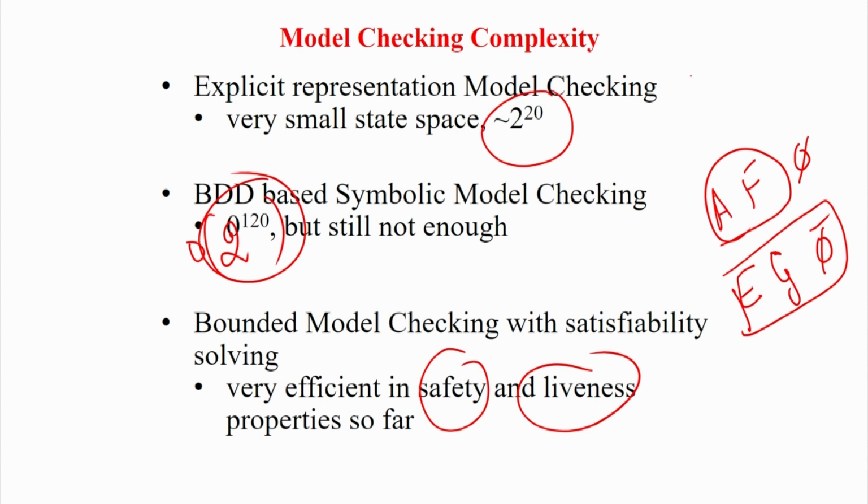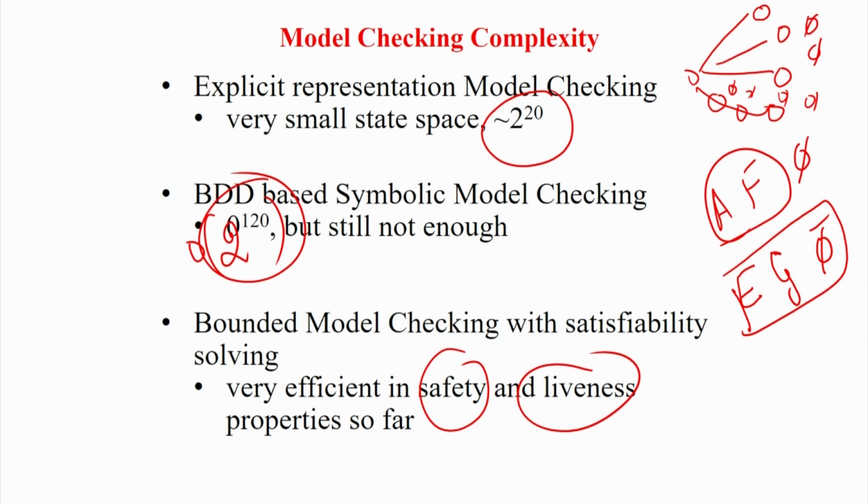The property says that in all paths phi will eventually hold, but I can find a path where in all these states it is not phi. Of course, this not-phi trace will say that liveness is violated. So, this trace gives the counterexample for liveness.